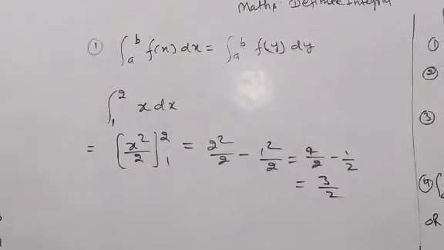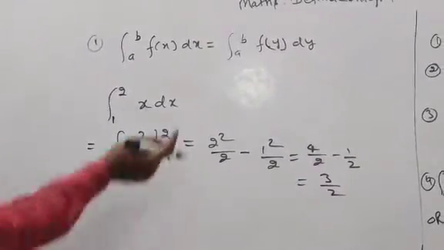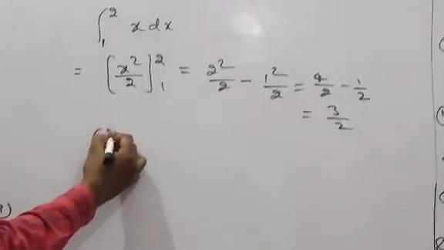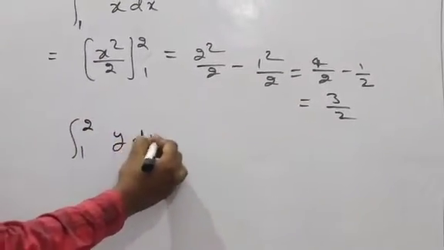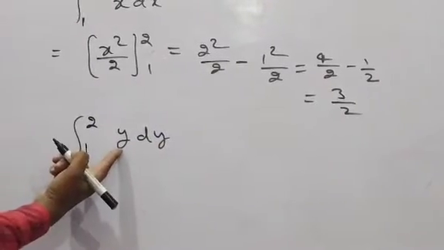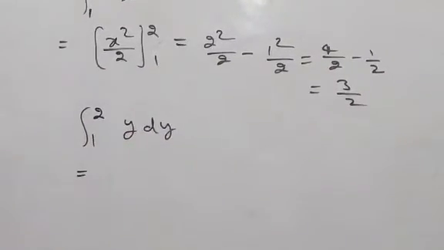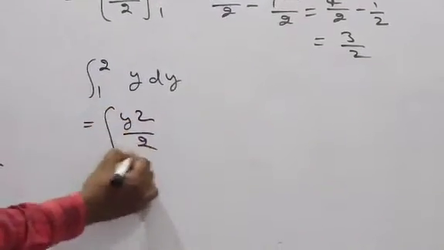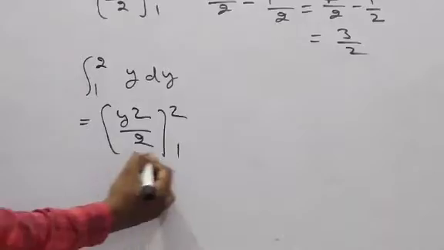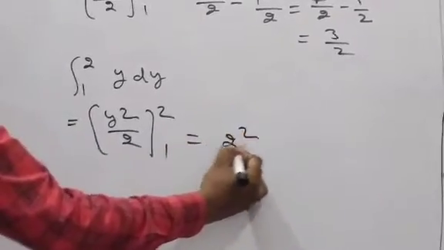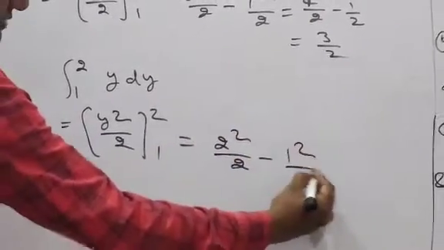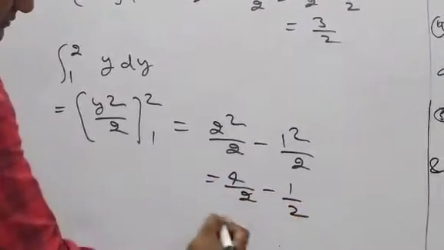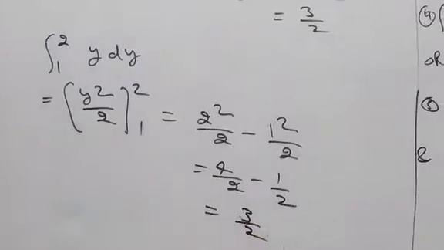Clear? If we change the variable, suppose here integral 1 to 2 of y dy, what is the integration of y with respect to y? Very simple, y square by 2, with limits 1 and 2. Now 2 square by 2 minus 1 square by 2 is equal to 4 by 2 minus 1 by 2, that is 3 by 2.